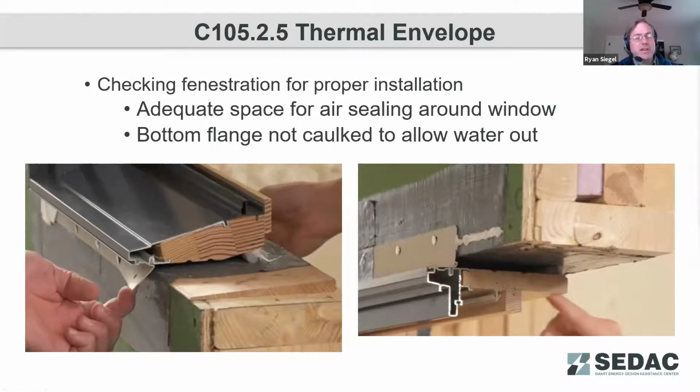And so by moving that air seal to the inside of the fenestration and having the water seal to the outside, this chamber between those two seals is pressure moderated. So it's going to be at a similar pressure to the outside condition. And so even with wind and driving rain, this outer seal is not going to see a substantial pressure difference.